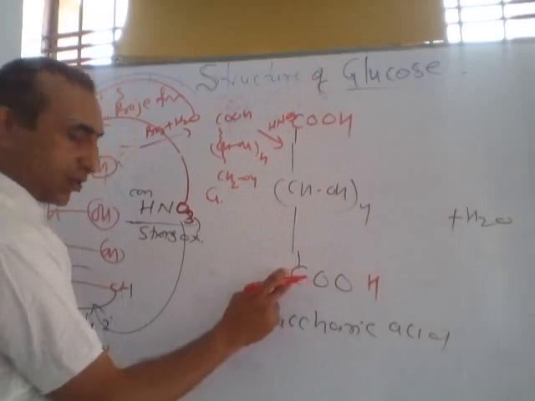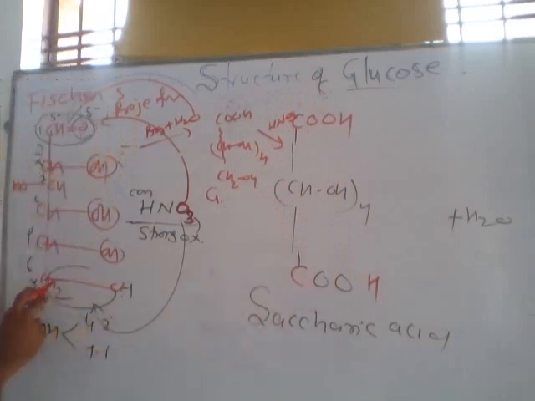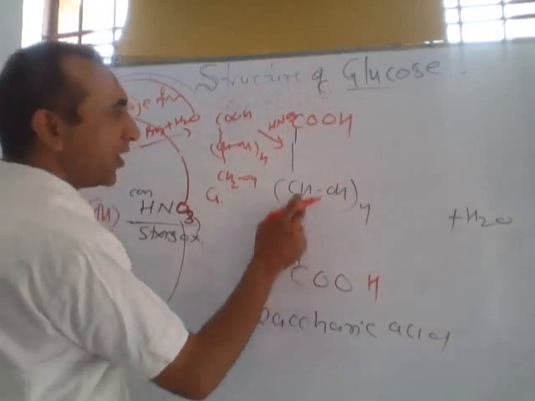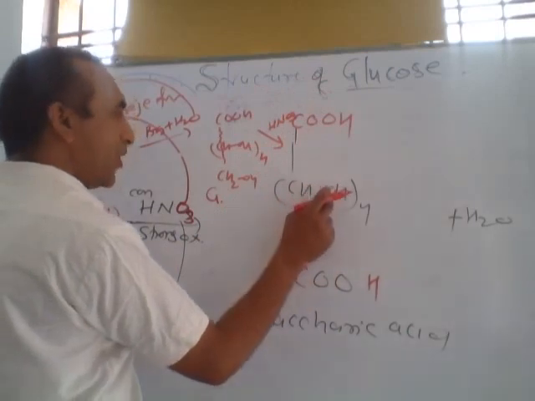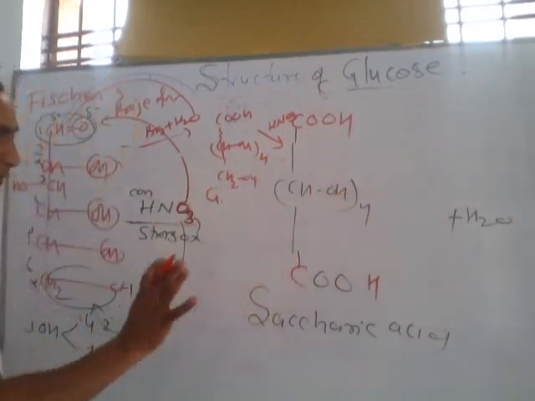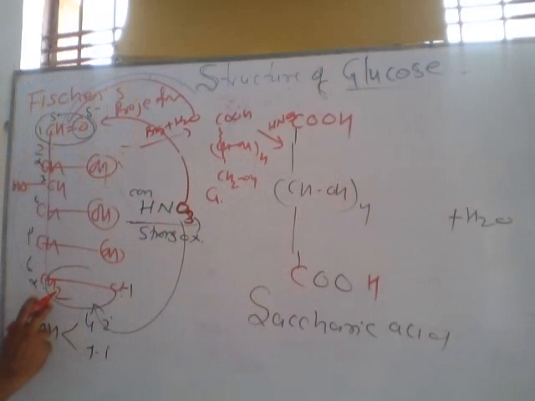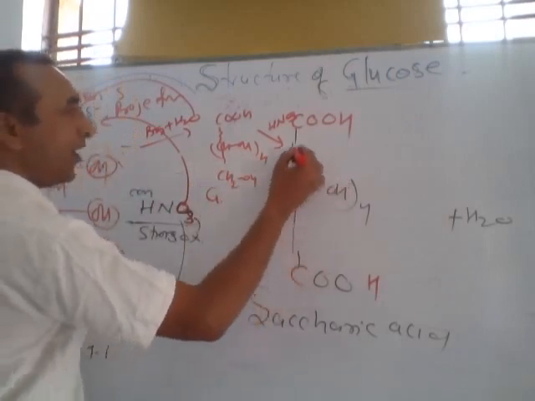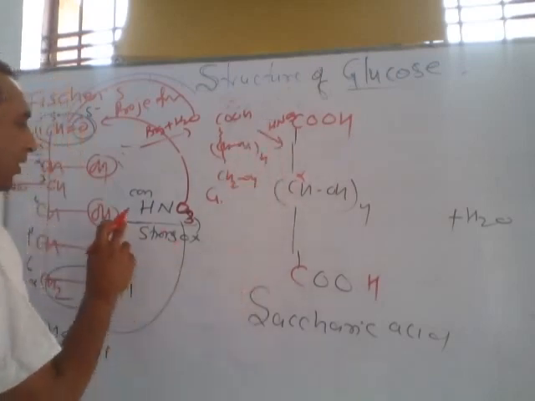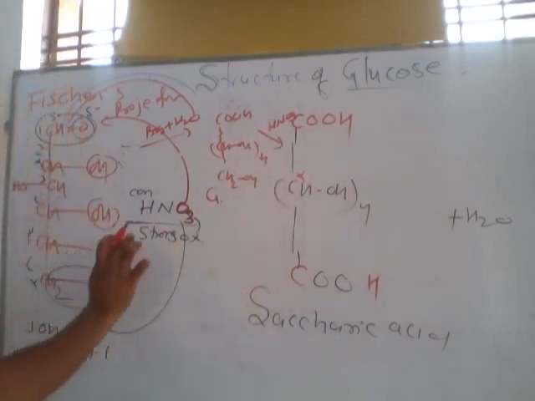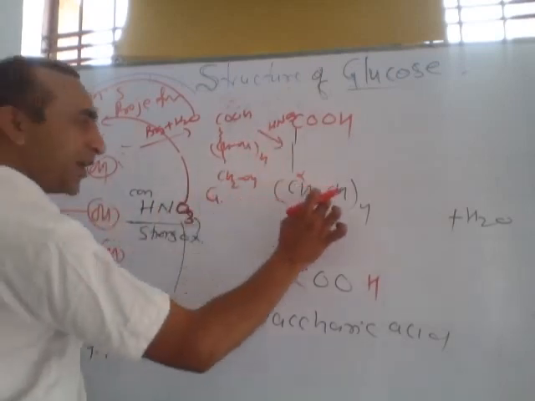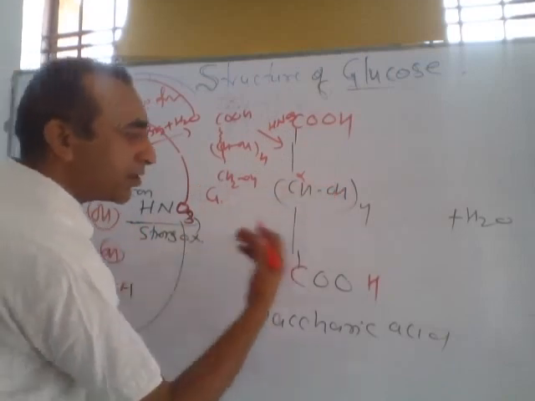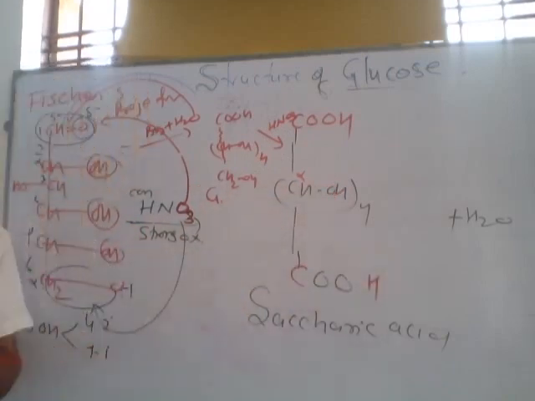The last CH2OH group is converted to a carboxylic acid, but the remaining 4 OH do not convert because of the presence of primary and secondary. These 4 OH are secondary because this is alpha and these two are beta. So nitric acid is strong, but it is unable to oxidize secondary carbon. It can convert primary to carboxylic acid.